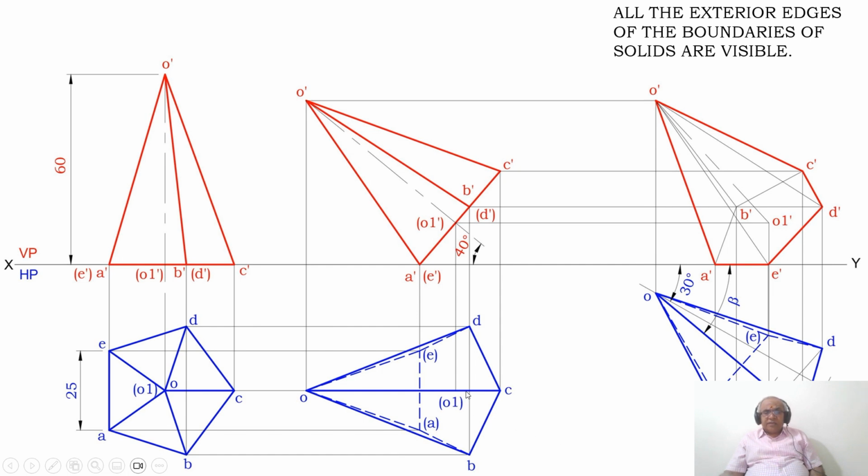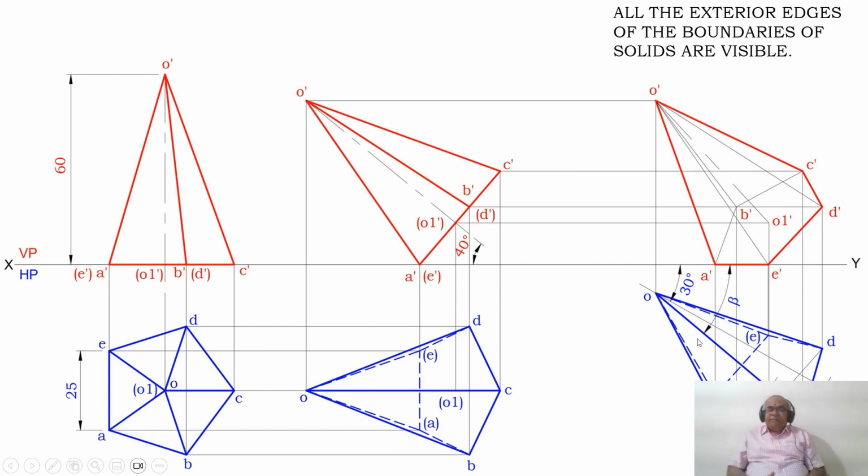Then, you measure the distance from this point to B and also from this point to D. Both will have equal distances, and transfer it from this point onto the left hand side once and onto the right hand side. As we rotate it clockwise, always the base should be nearer to the observer, and that is a very, very important case.